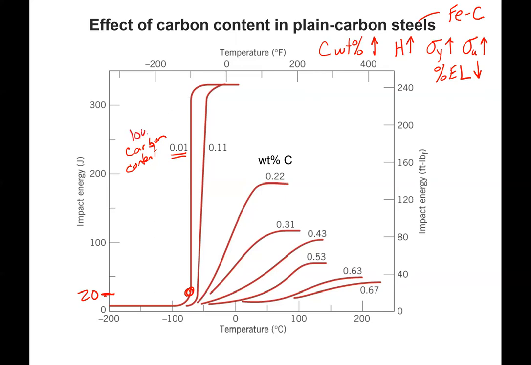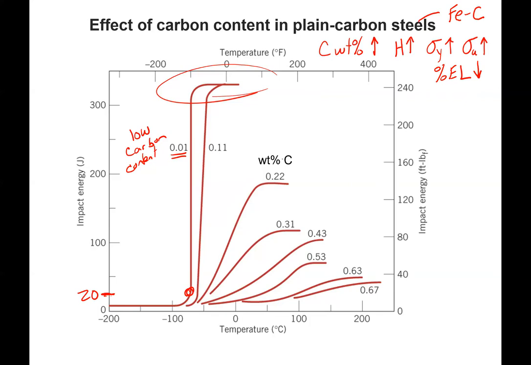So that's a good low transition temperature for a low carbon steel. This one has a lot of ductility, and this transition looks fairly sharp, and we get a very ductile material up here on the other side of the transition.